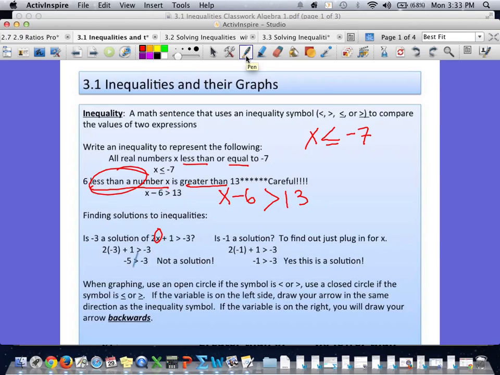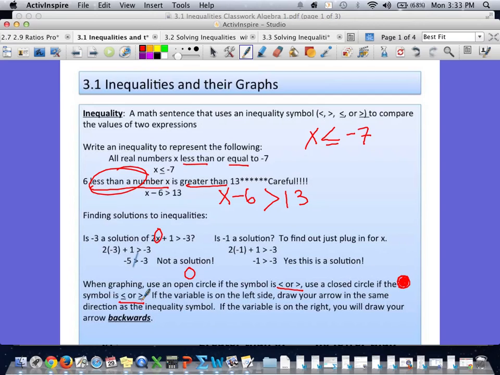When you're graphing, use an open circle like this to represent less than or greater than, and use a closed circle like this when you are doing less than or equal to or greater than or equal to.